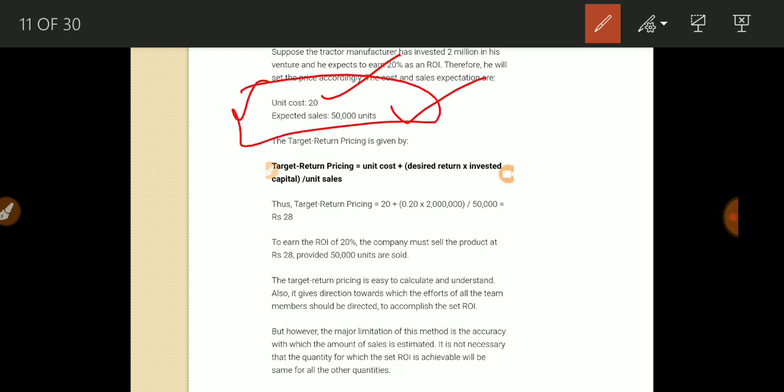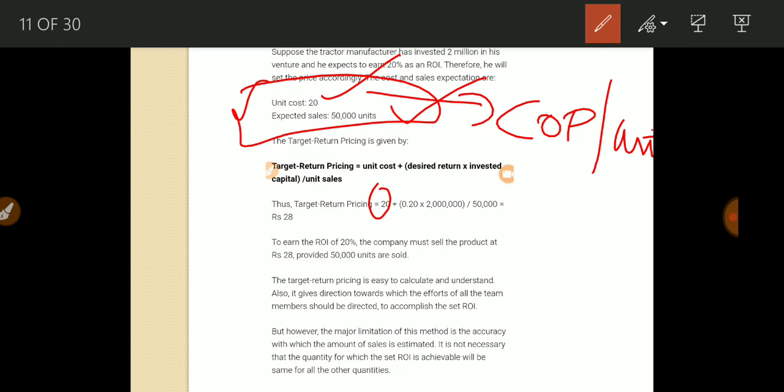Now how will I get the target return pricing? Target return pricing will be the unit cost. Unit cost is nothing but my cost of producing that particular per unit. Then I will find out the desired rate of return. The desired rate of return is 20% into 2 million divided by how much sales I am going to have during the year, that is 50,000.